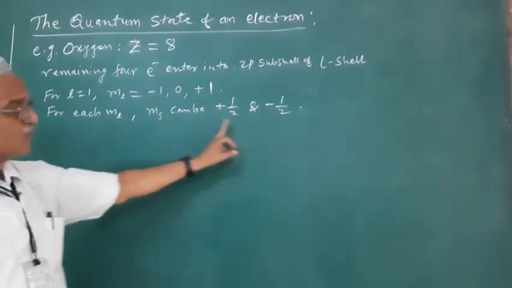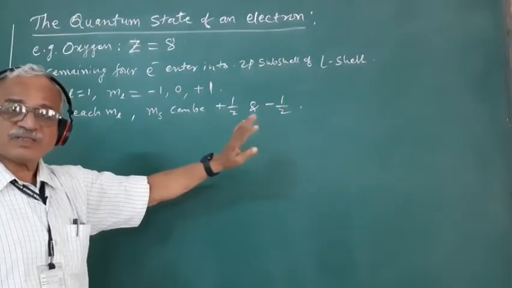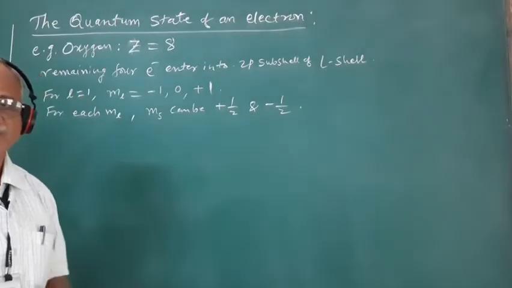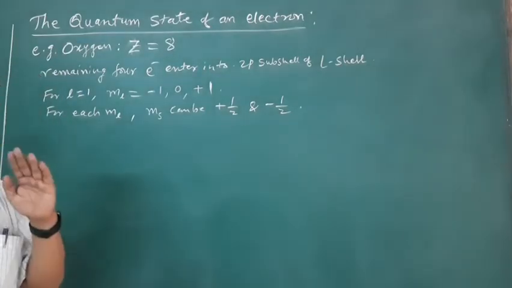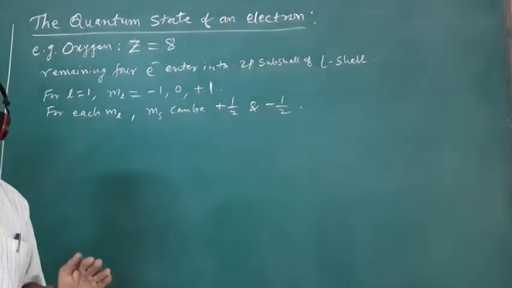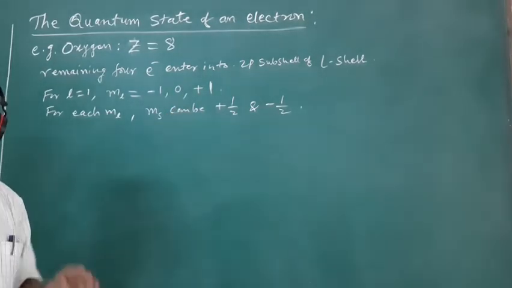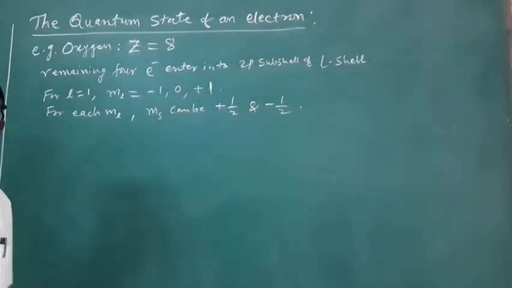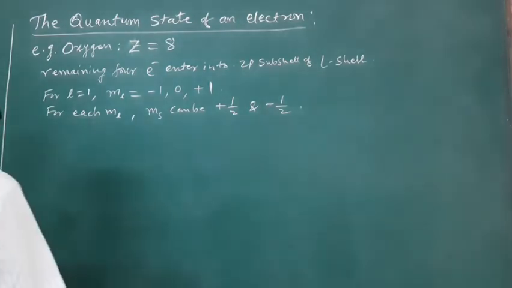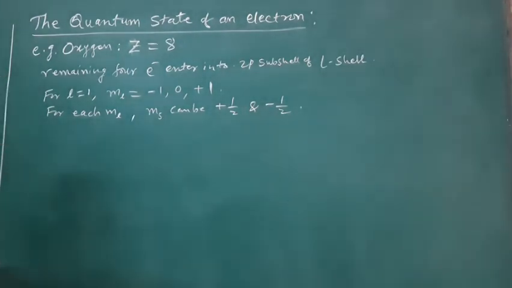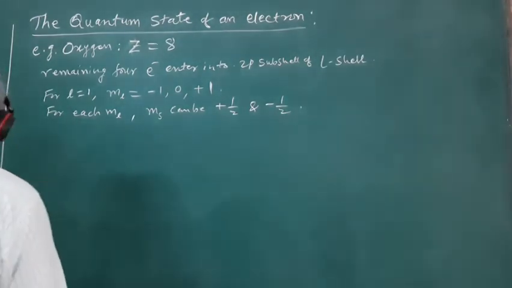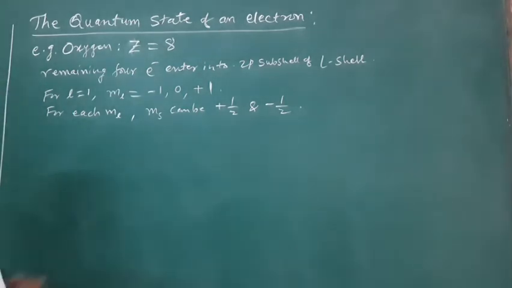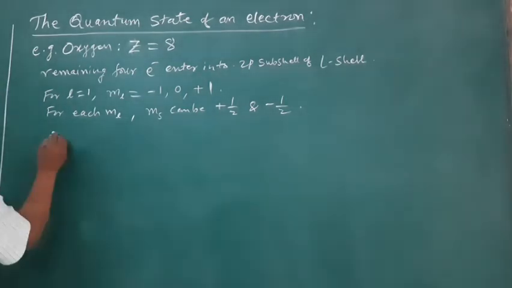There are 6 vacant places, but only 4 electrons are left. So the 2p subshell in this L shell will not be completely filled. So let us see what will be the values of the 4 quantum numbers for the remaining 4 electrons.